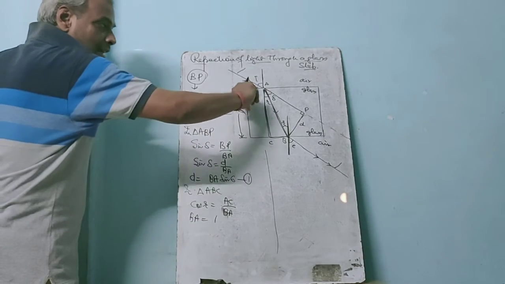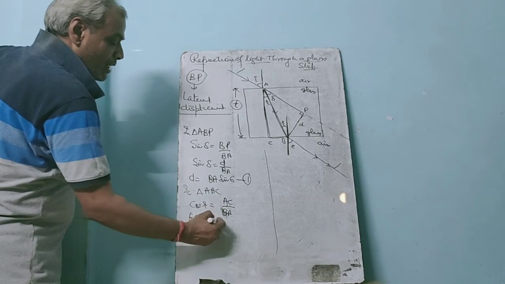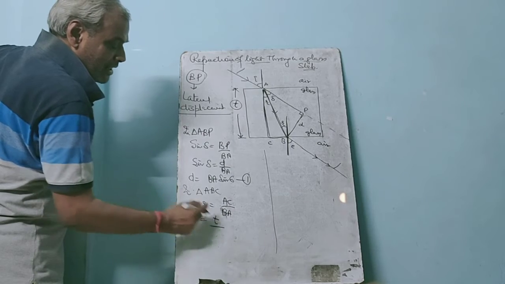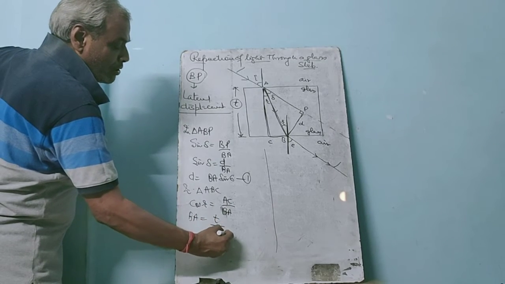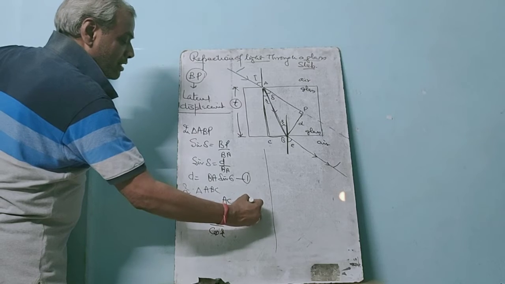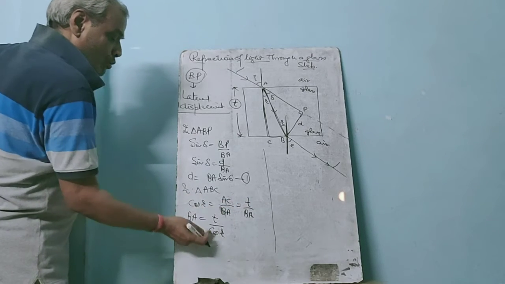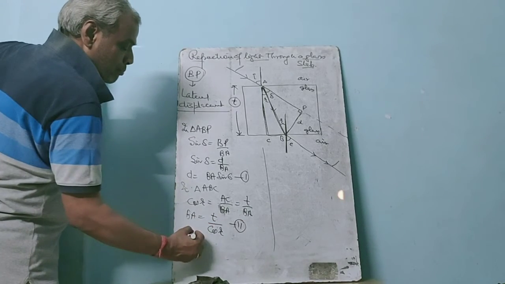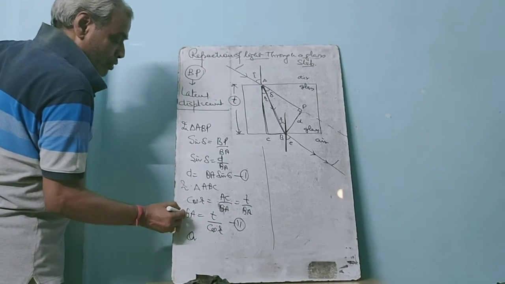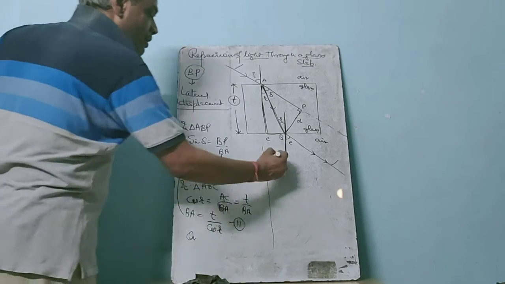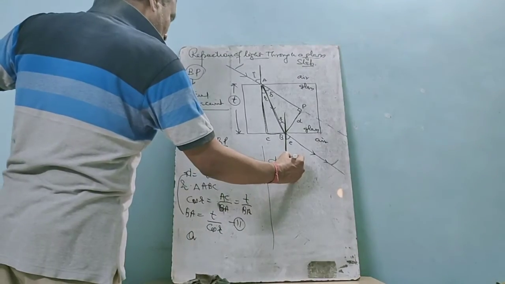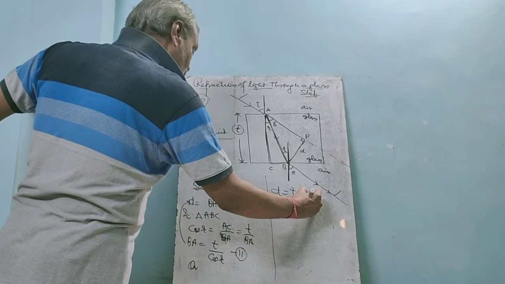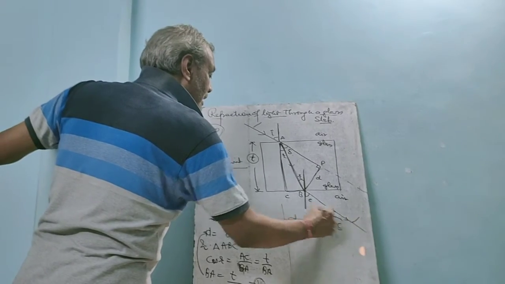This is t, the thickness of the glass slab. So cos r equals t upon BA, so BA equals t upon cos r. On putting the value of BA in equation number one, d equals t upon cos r into sin delta.